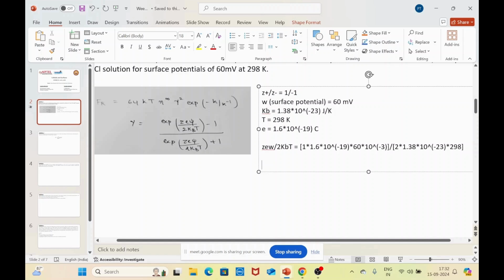So this value, that is your ZE psi by 2 kBT, comes around 1.167.